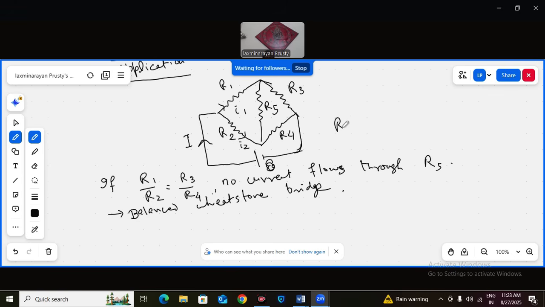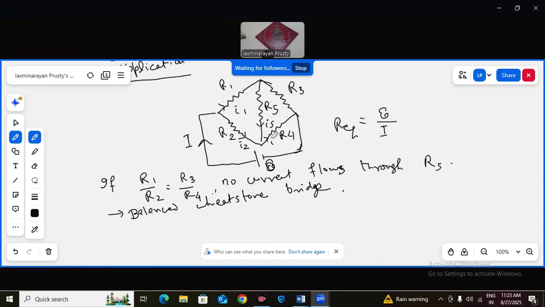So R equivalent will be the EMF source divided by total current. Yes or no? So I have to calculate I1, I2, then I as I1 plus I2, by going through the loops. You must have already done all that.